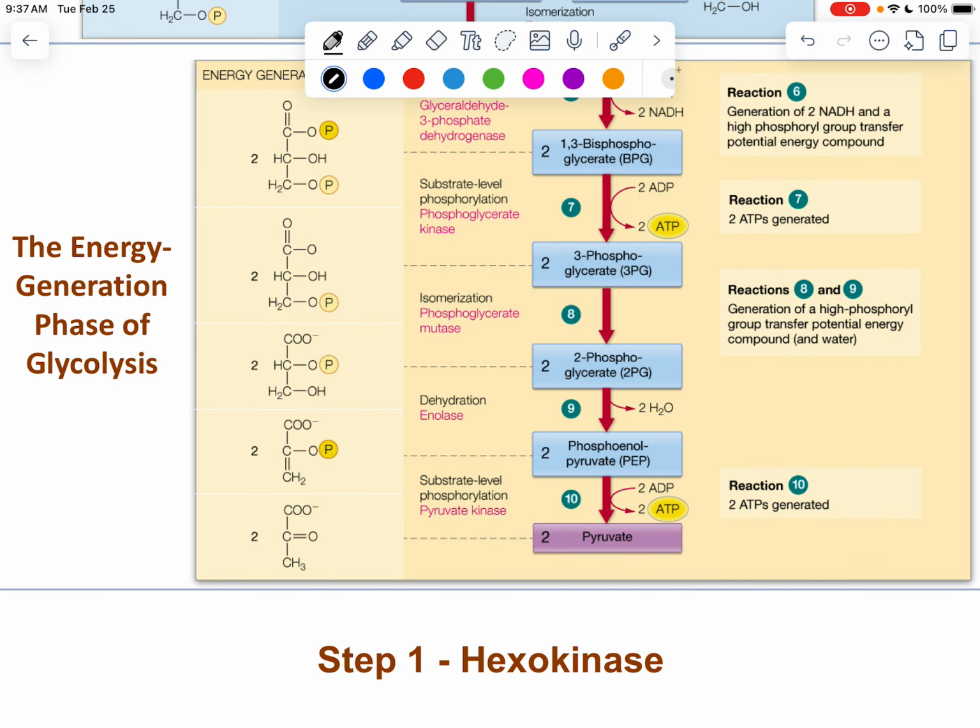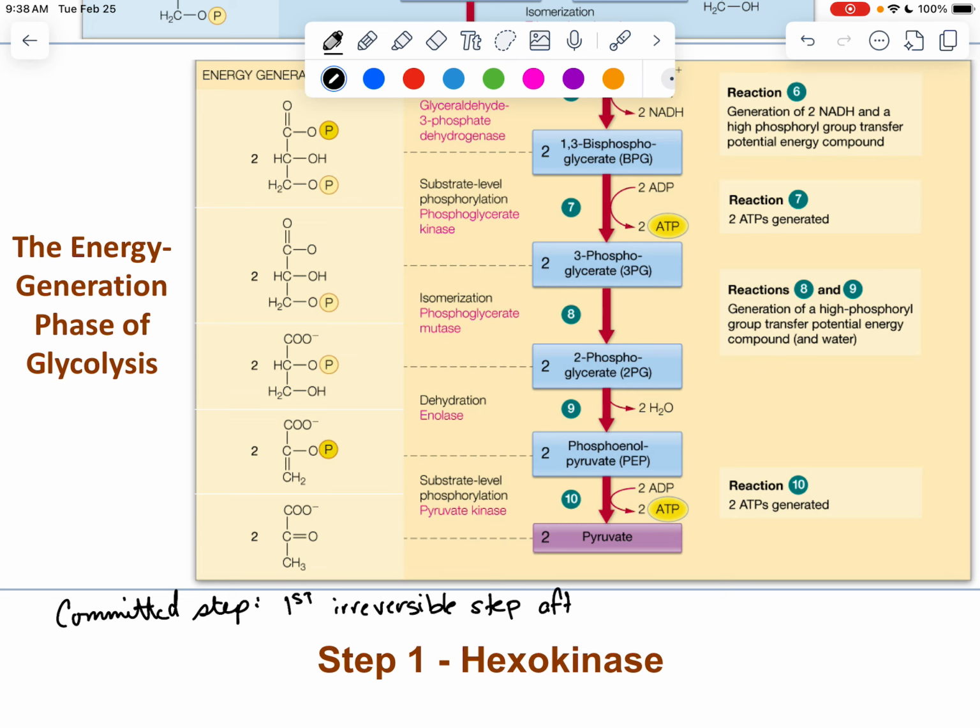One is the committed step. All right, this is the first irreversible step in a metabolic pathway, that it's irreversible, at least under physiological conditions, okay?